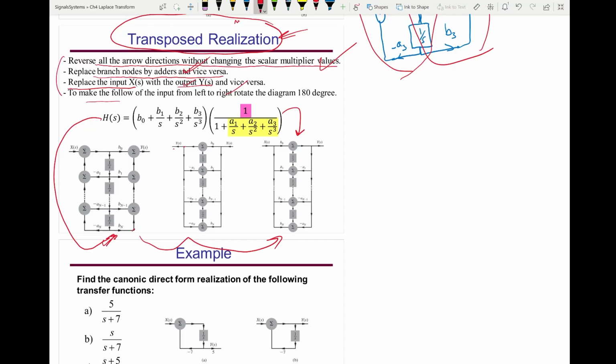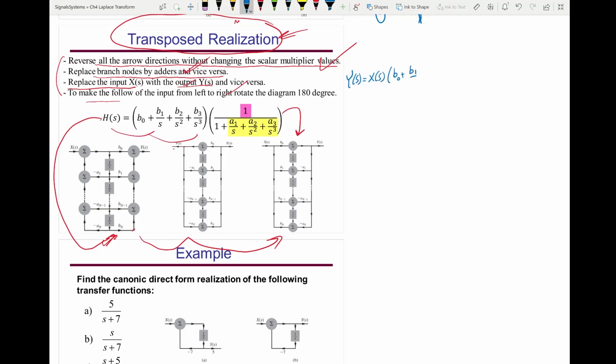If I write these equations as y of s equals h of s times x of s, then it will be something like this. So remember, the feedback will be the second subsystem. So first I draw the node of the input x of s, and x of s goes to this amplifier, so that will be b0. Then x of s goes to an integrator and is amplified by b1.